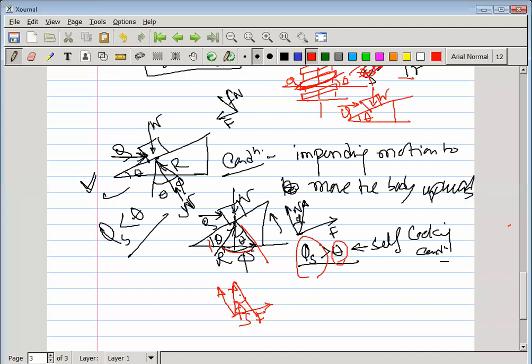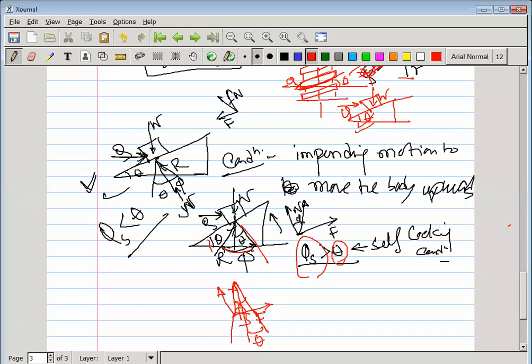And this is your theta. Theta means this angle which is created by the square threaded helix. So if theta is more than phi s, then the condition is not satisfied, and that is not a self-locking condition.